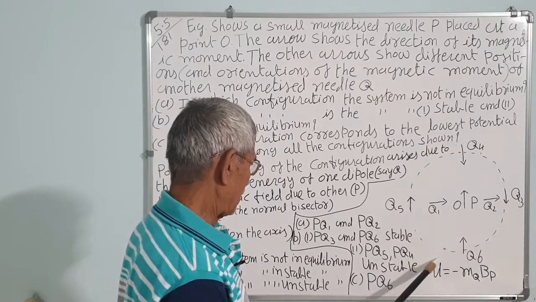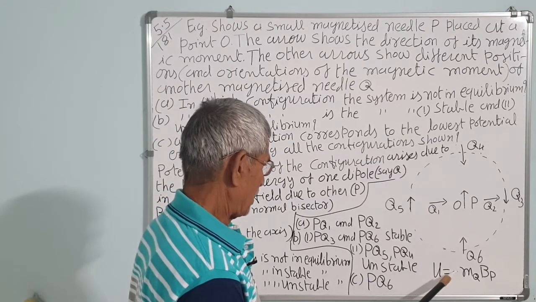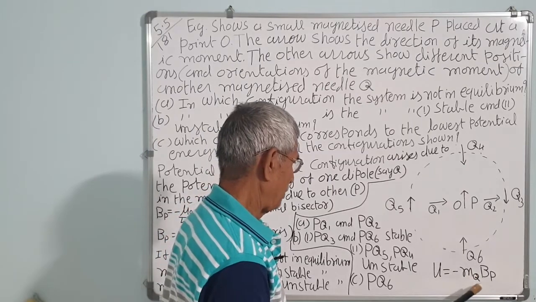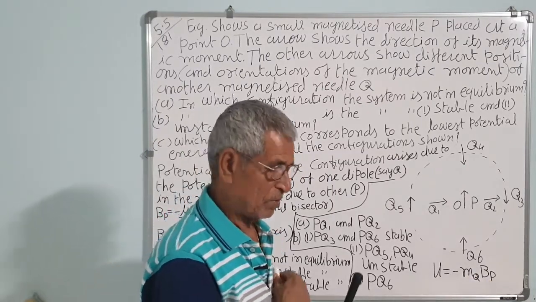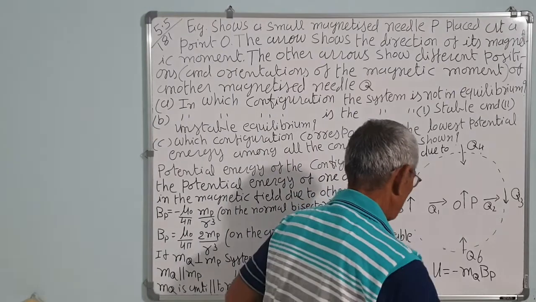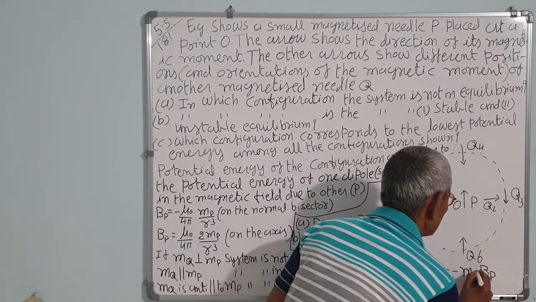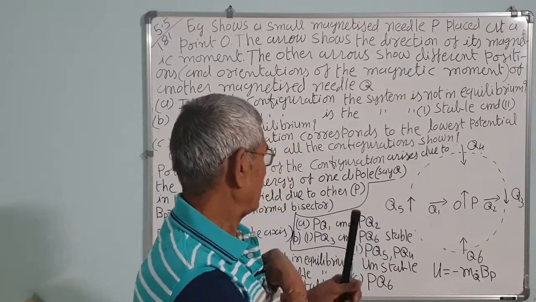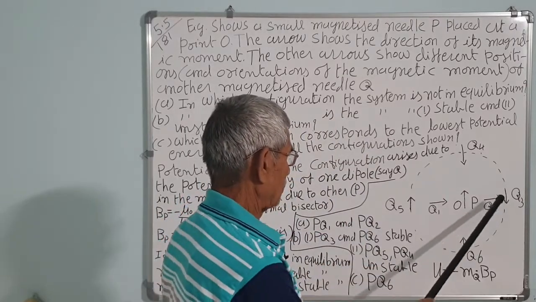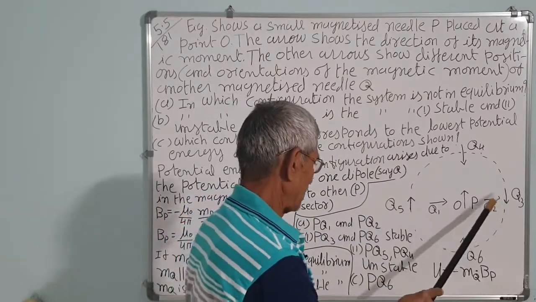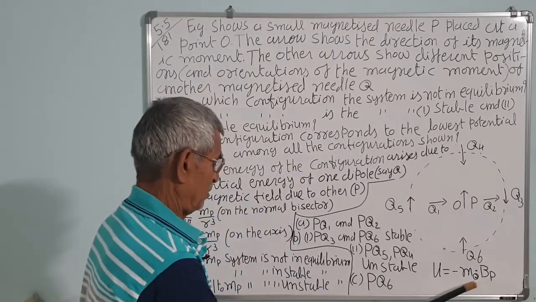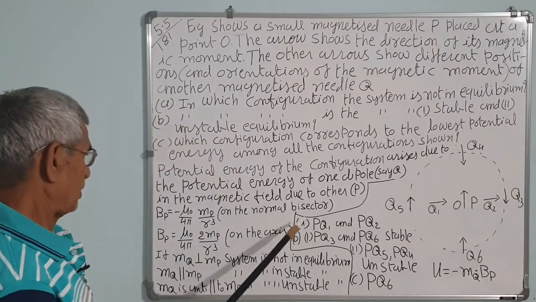The potential energy is given by U = -m_Q · B_P, that is -m_Q B_P cos theta. When it is perpendicular, cos theta will be cos 90, that is 0, correct. So that will not be in equilibrium.